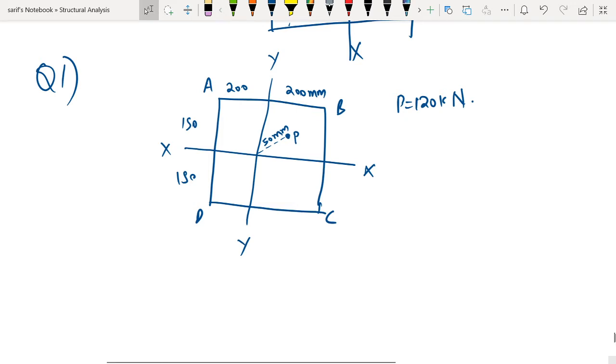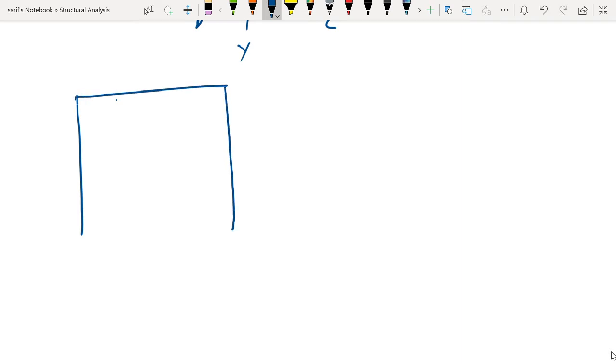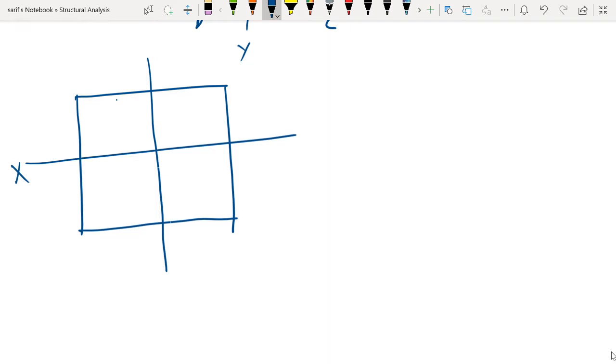The first thing we require is the eccentricities from the x and the y axis. If we apply some trigonometry, we will see that, what we can do is redraw this diagram. This is XX and this is YY.